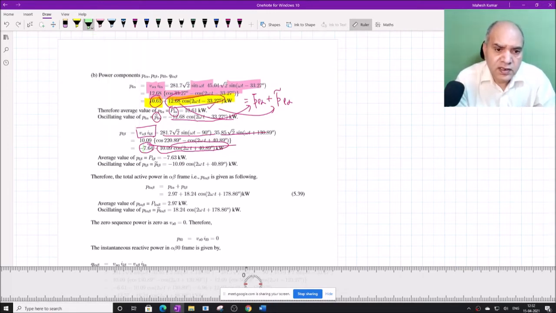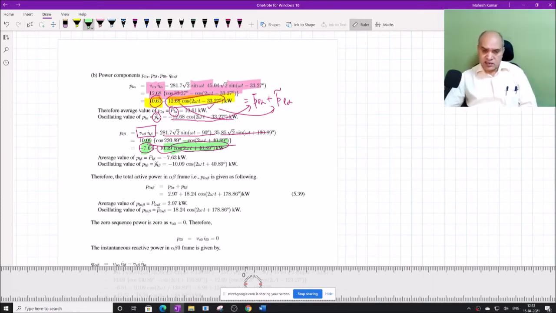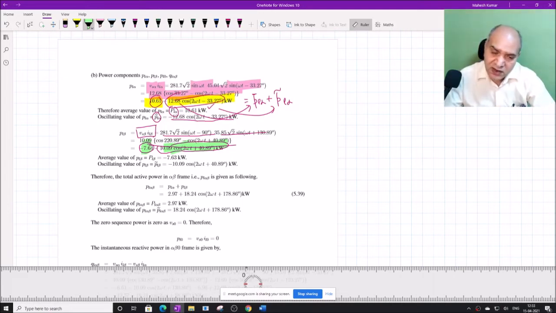This power is negative, and this is the oscillating power here. The negative power says actually that this beta phase is pumping this power back into some other circuit. It is not taking, it is giving back. It may happen in active power filters. That's how we come to the active power filters.